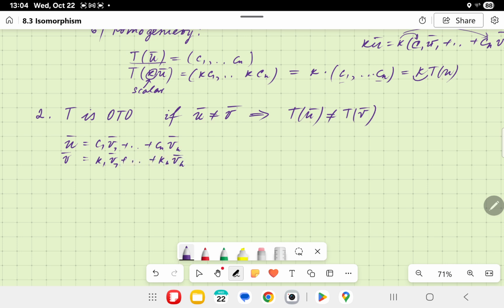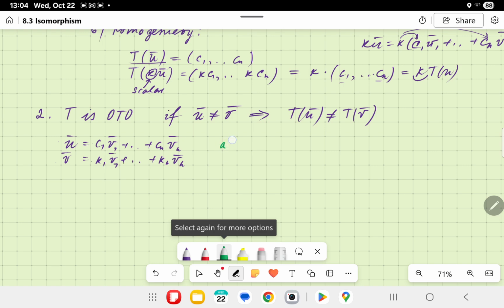Remember, when we were talking about basis and coordinates, we were saying that the coordinate representation is unique. So if you do have two different vectors, you're supposed to have at least one different coordinate. Otherwise, it's going to be the same vector, because there are no two different coordinate representations for the same vector. It's supposed to be either the same vector or different coordinates.